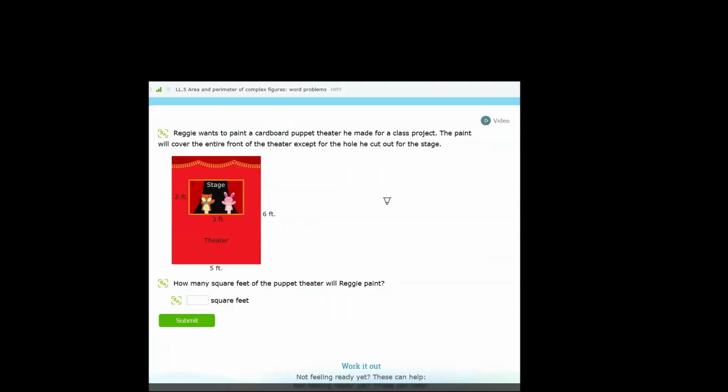Here's another problem. This time we have Reggie, who wants to paint a cardboard puppet theater he made for a class project. The paint will cover the entire front of the theater except for the hole he cut out for the stage. How many square feet of the puppet theater will Reggie paint? Well, let's first start with the entire theater.